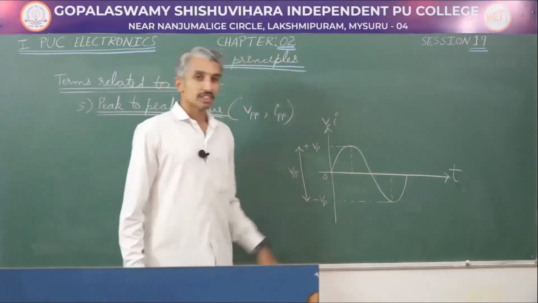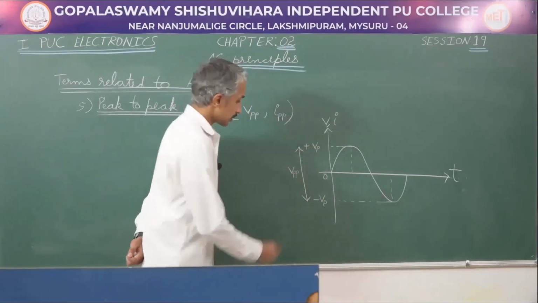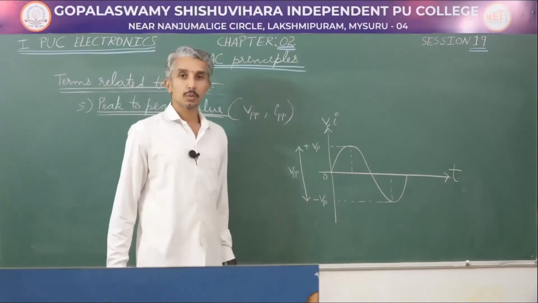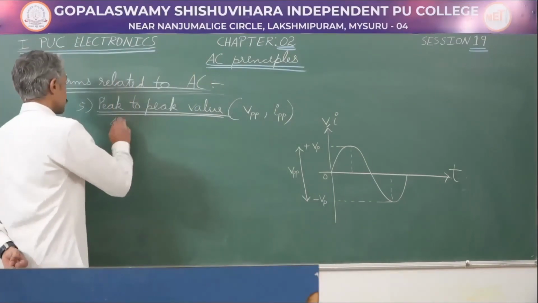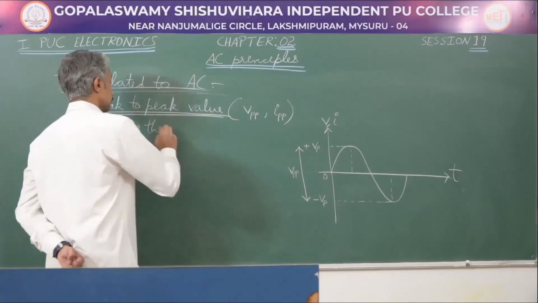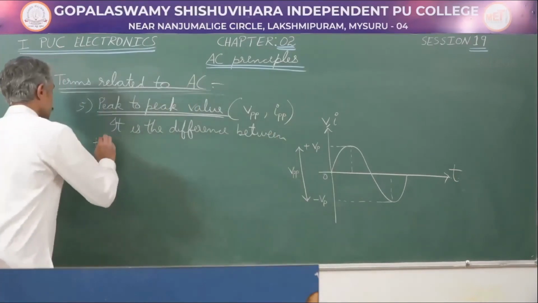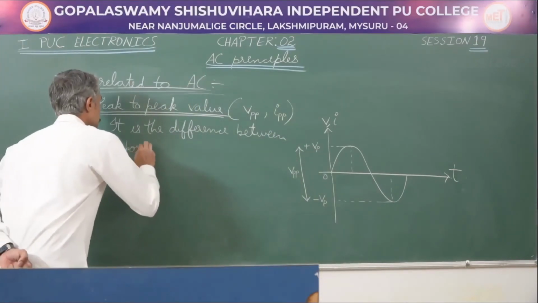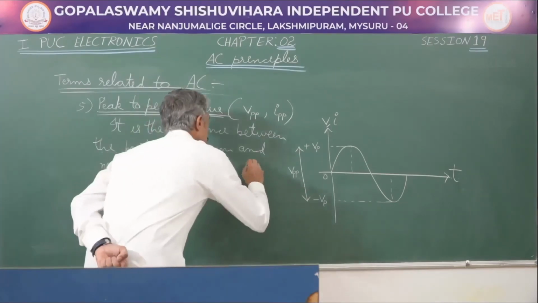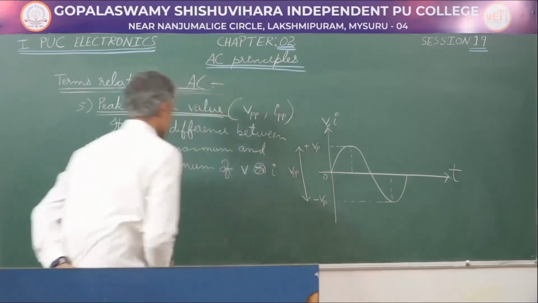If you look at the AC signal, the difference between the positive peak and the negative peak values gives us the peak to peak value. It is the difference between the positive maximum and the negative maximum of the AC voltage or the AC current.